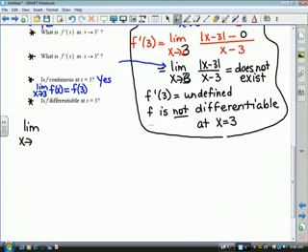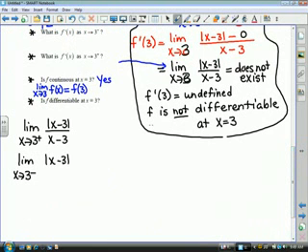Think back to when I asked these questions here. Limit from the right, limit from the left. How would we find those answers?